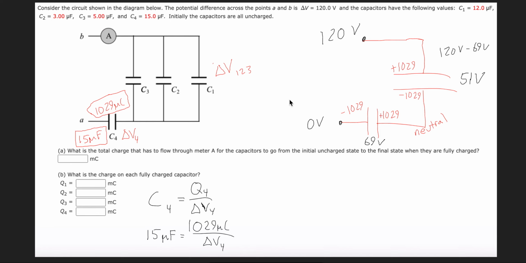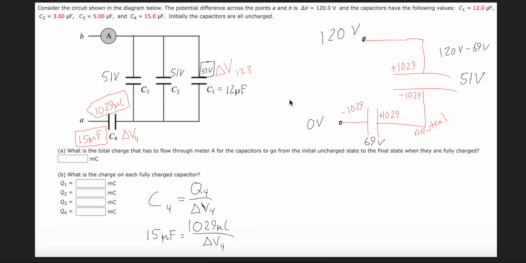When capacitors are in parallel, they'll lose the same amount of potential in all of them. They'll all be 51 volt capacitors. And that's how we solve it. We know the voltage now, and we also know their capacitances. Okay, so we can apply the law to each one of them individually.